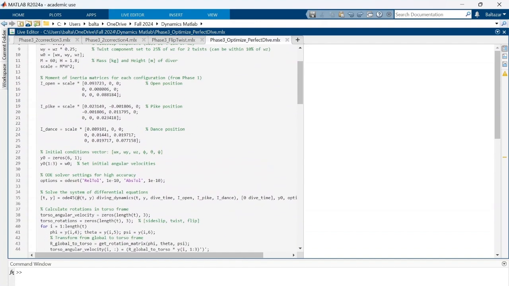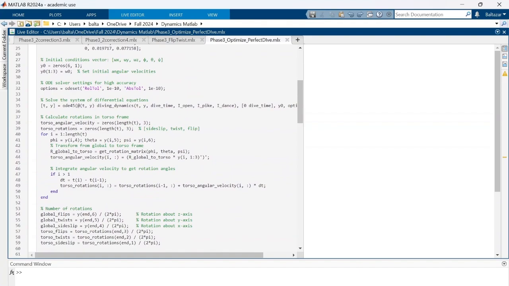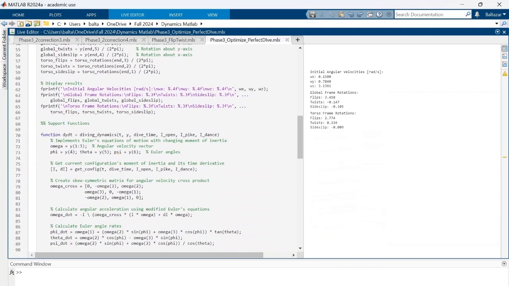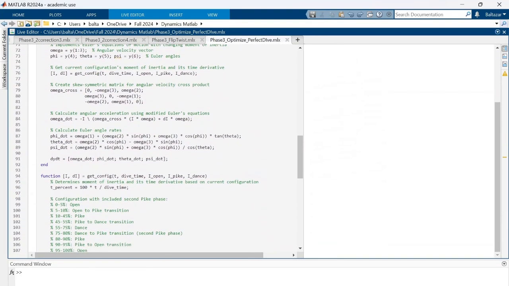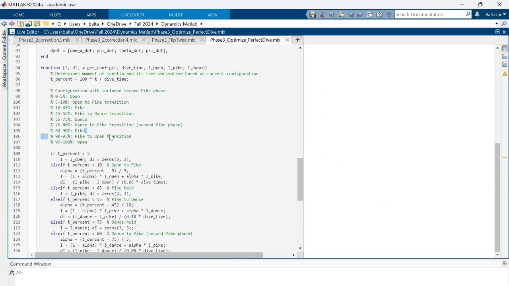And this code is exactly the same as the last code, using ODE45 and the 3 helper functions, but we added an additional configuration and time segment for the transition from pike to open.